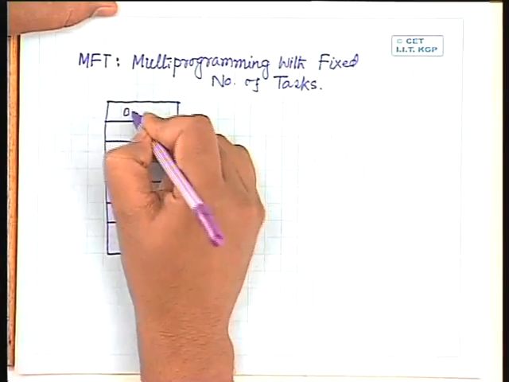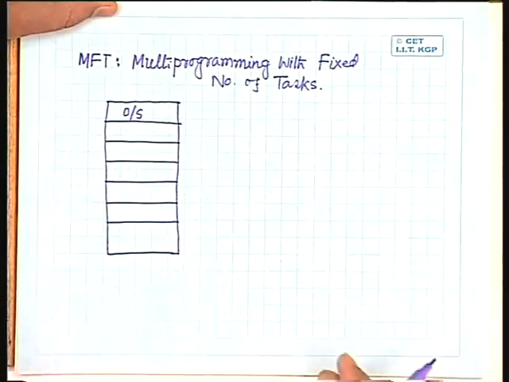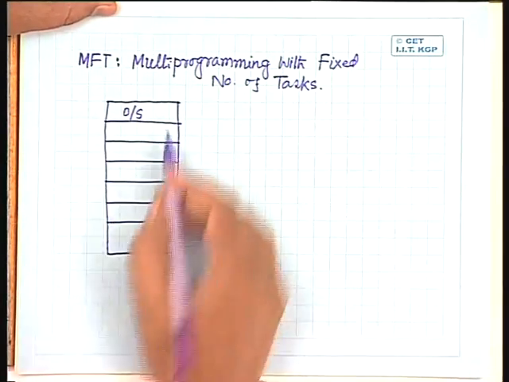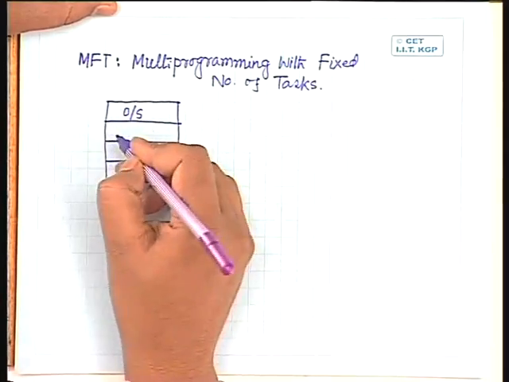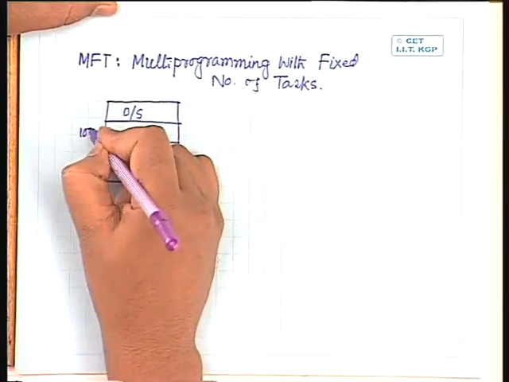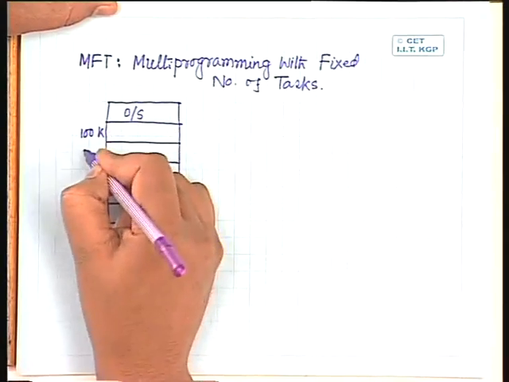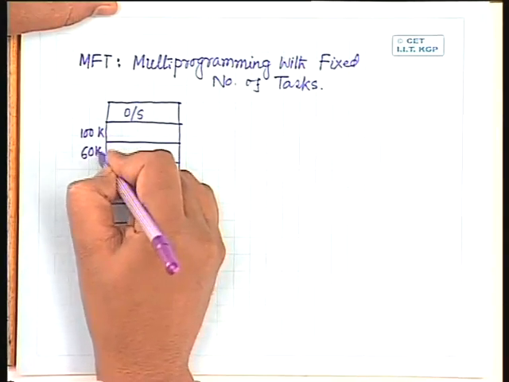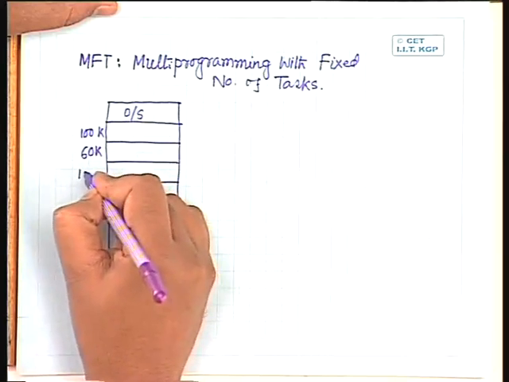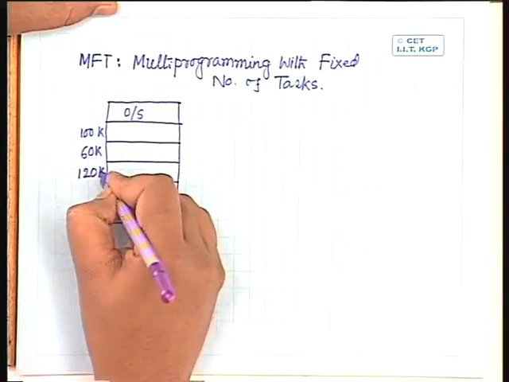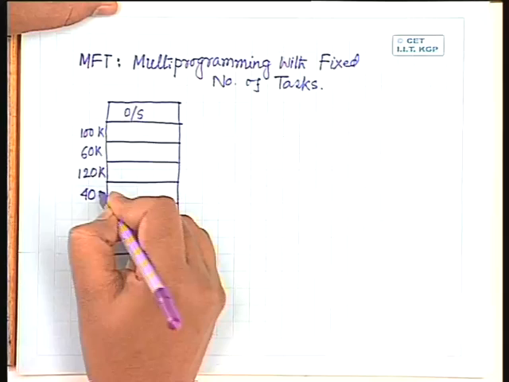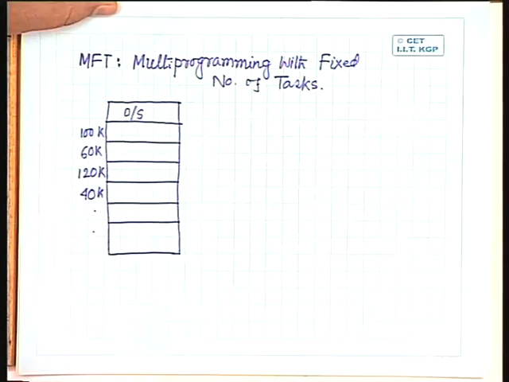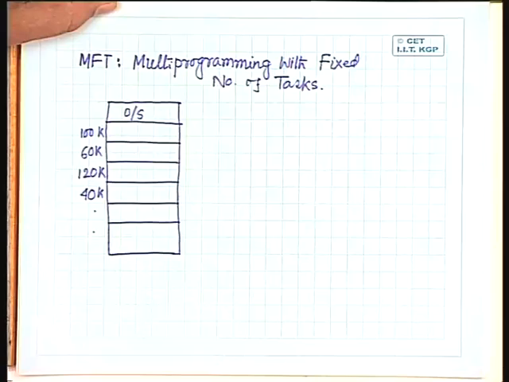One of the partitions, as before, will be given to the operating system. And let us assume that this partition may be of size say 100K, this partition may be of size say 60K, this one may be of size say 120K, this one may be 40K, and so on. So I can have different partitions of different size.